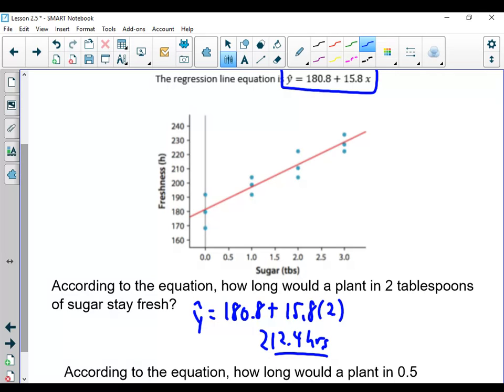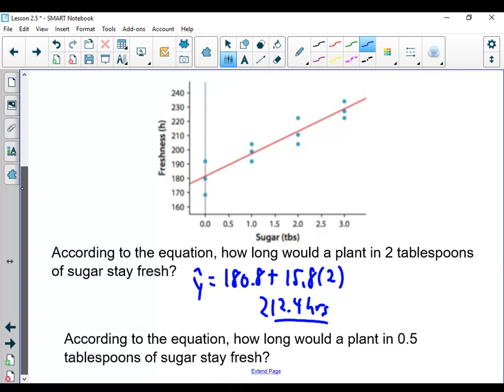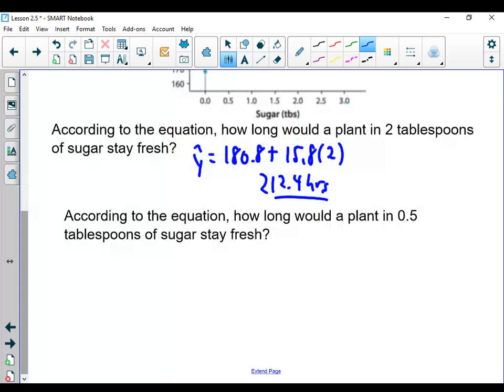So a lot of times it's as simple as just plugging in the values, seeing what you get. And if I were to look at my graph, when I go over to 2 and I go up to where the line is, it looks like we did a pretty good prediction. Same idea, if they said, okay, well, how long would it be for a half a tablespoon?